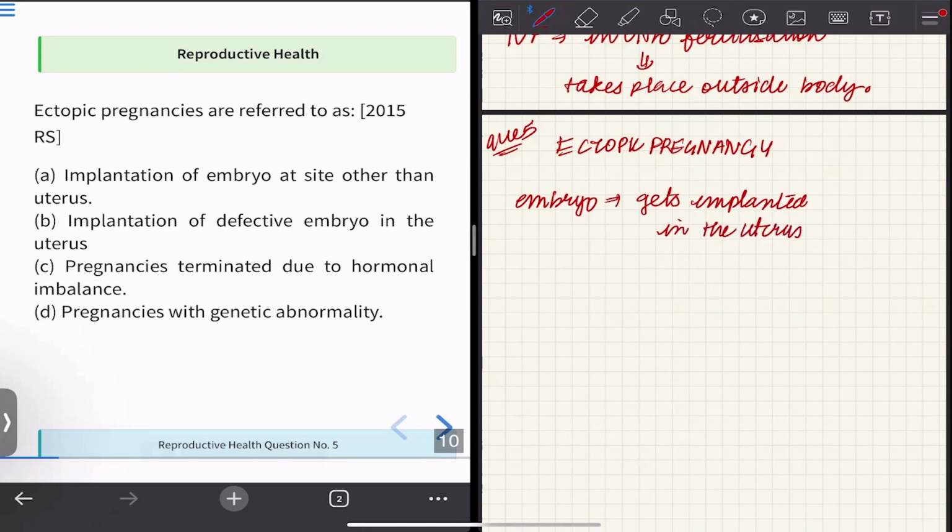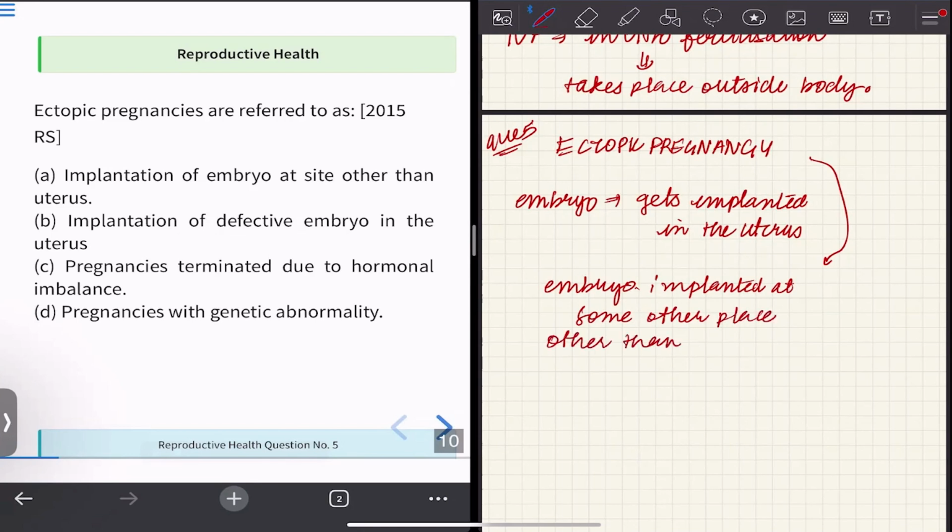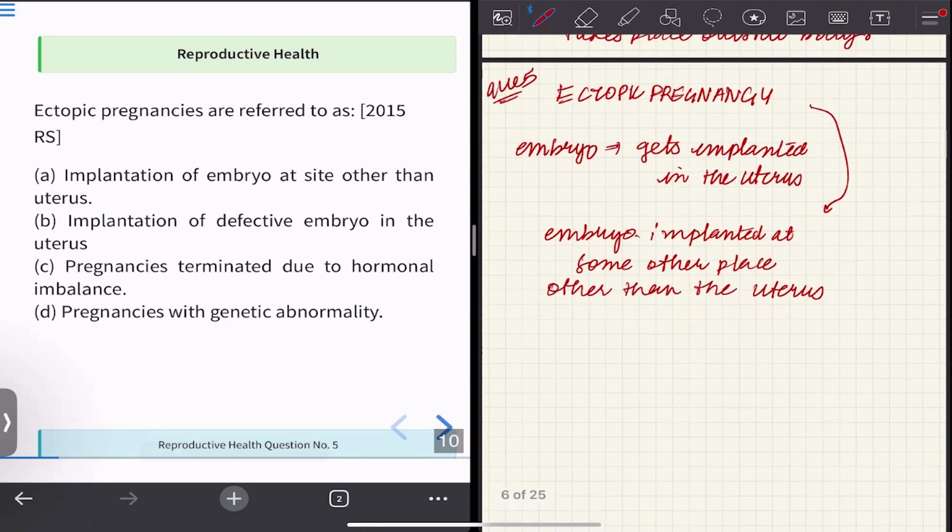But in case the embryo has implanted at some other place, other than the uterus, then this phenomenon is known as ectopic pregnancy.